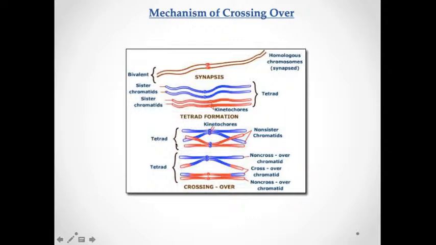Now during the crossing over, these tetrads could cross like this. Crossing over is happening with the non-sister chromatids, and then these are the non-crossover chromatids, and then you have exchange of chromatids. So crossover chromatids have exchange of chromatids like this. Understood?